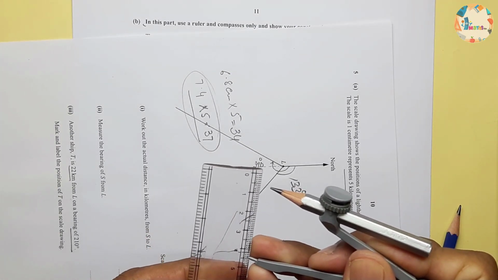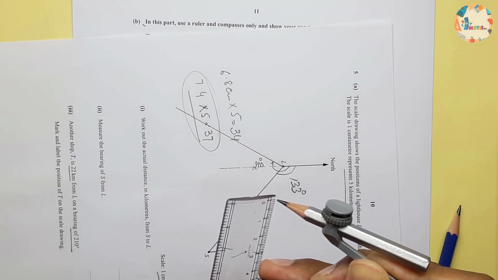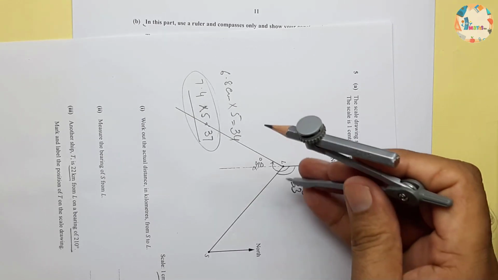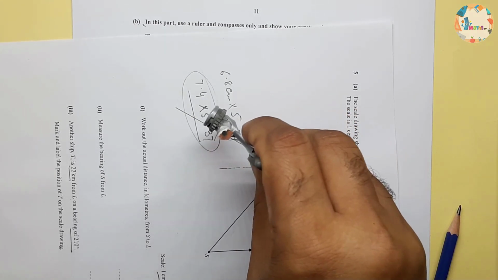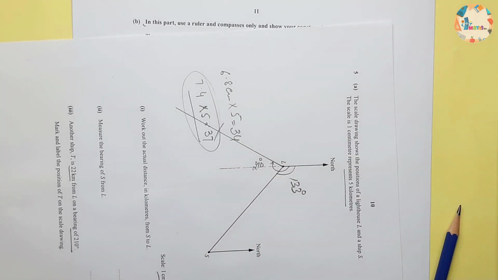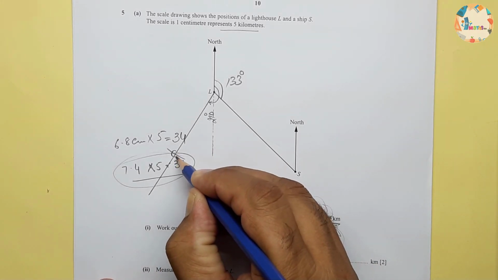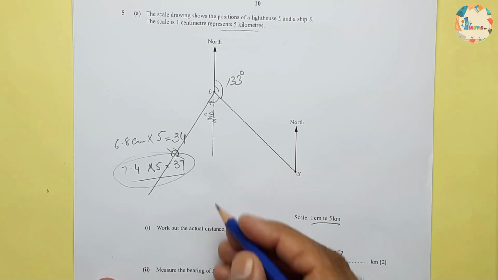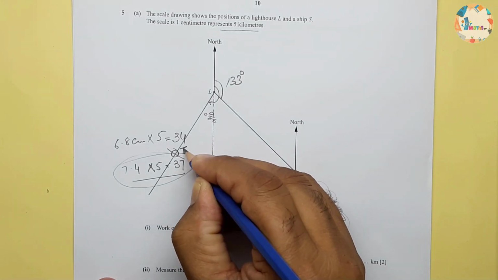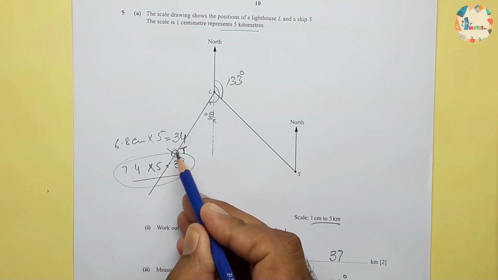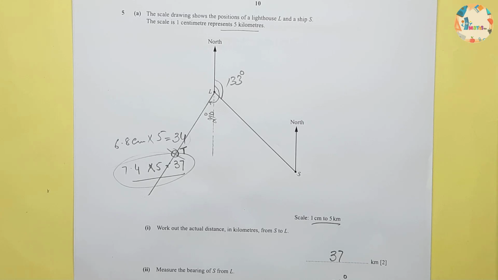So 4.4 will be up to this one, and we are making an arc of 4.4. So hopefully you are understanding. Even if you want, we can erase this, but it's okay. This point is to be marked as T. So this is T point. This working you can do anywhere else, and this is T point, which is for this ship.